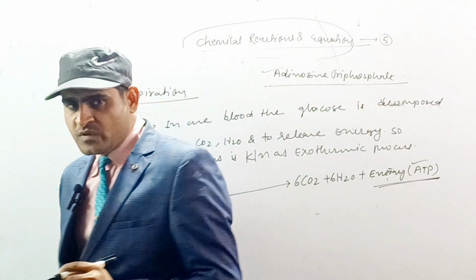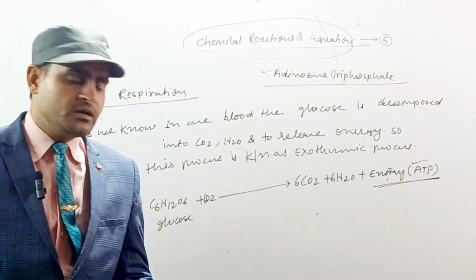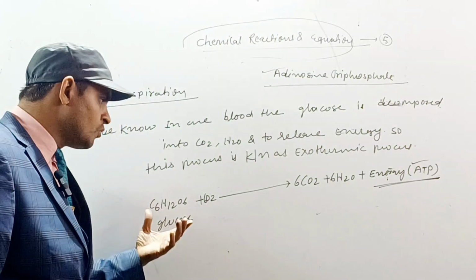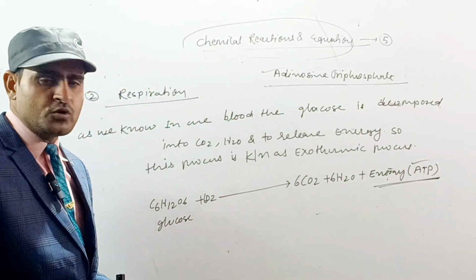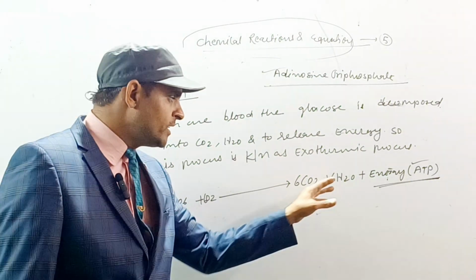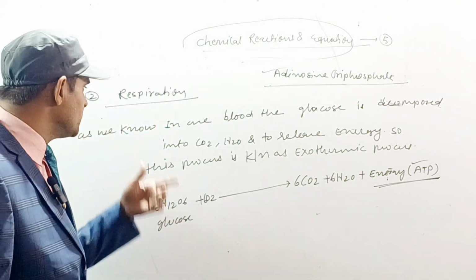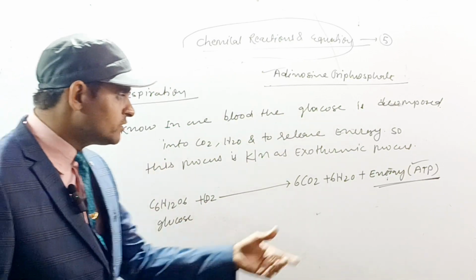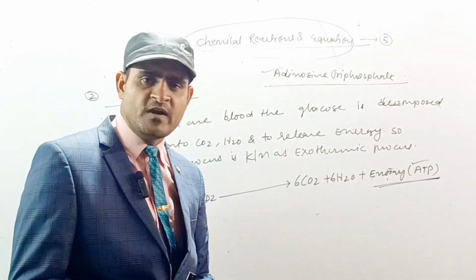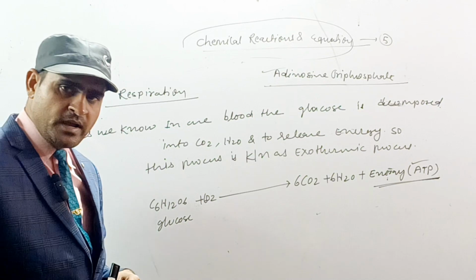When glucose is completely decomposed into CO2 and H2O, meaning in aerobic respiration, 36 ATP are formed.